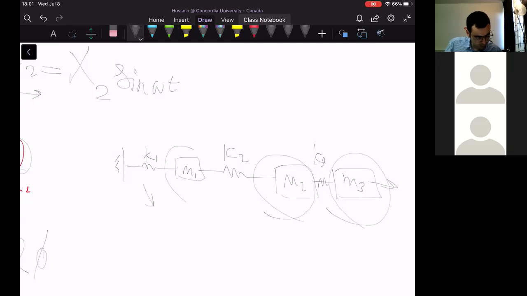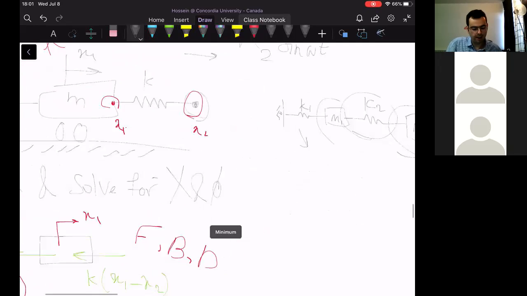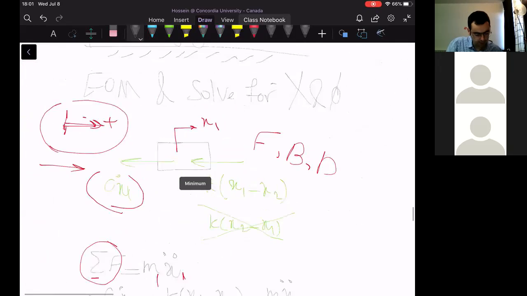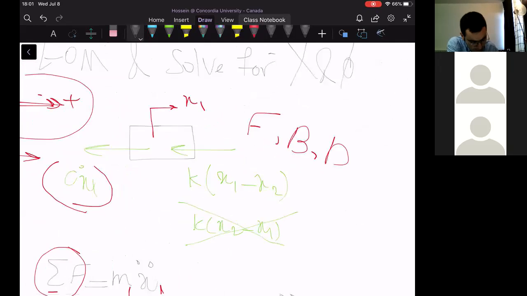This mass only has a constant left end, but this spring and this spring have relative displacement. You have to consider the relative displacement, and this is the point you asked about, since we are writing the equation of motion for x1, m1. We always start from the mass we are working on.